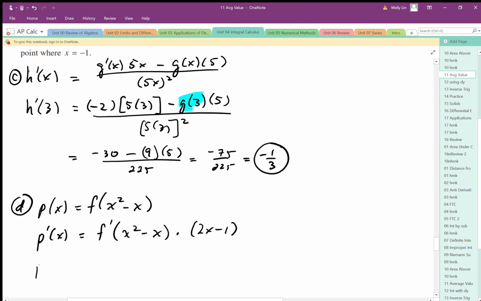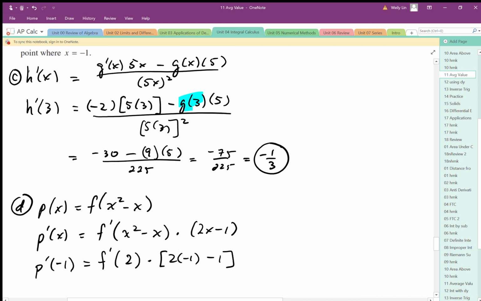So for P prime, at x equals -1, I'm just going to sub in right now. -1 squared minus -1, which is 1 plus 1, is going to be 2, times 2 times -1 minus 1.